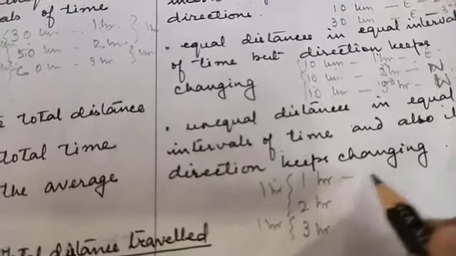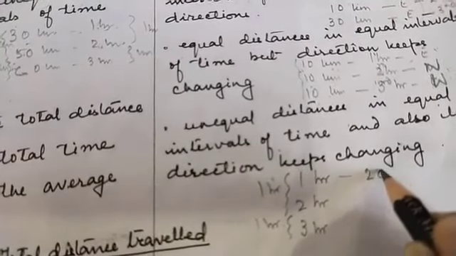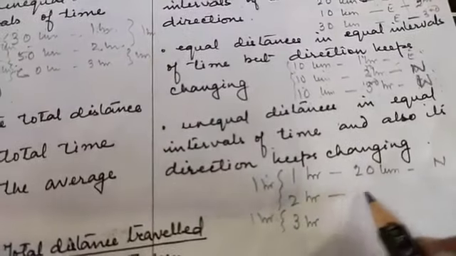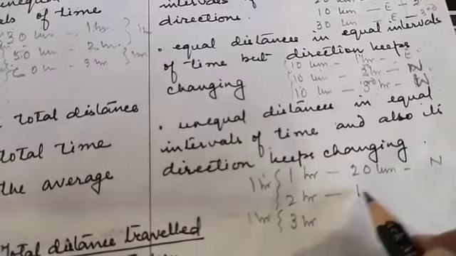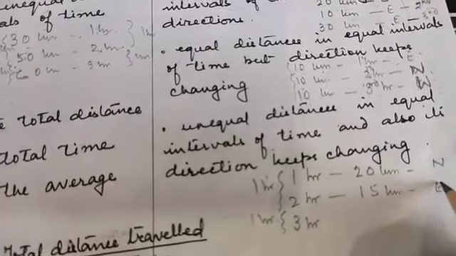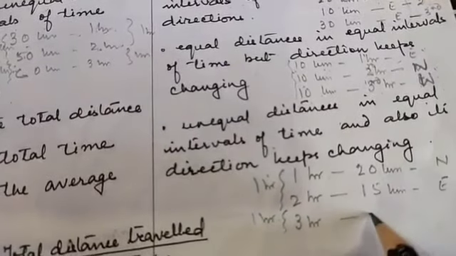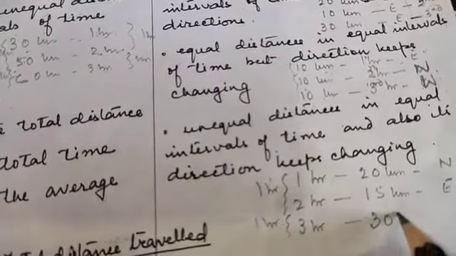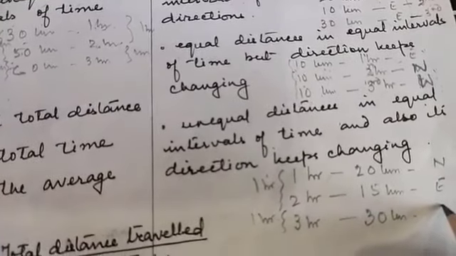In the first hour it is covering 20 kilometers towards north. In the second hour it is covering 15 kilometers towards east. In the third hour it is covering, suppose, 30 kilometers towards south.